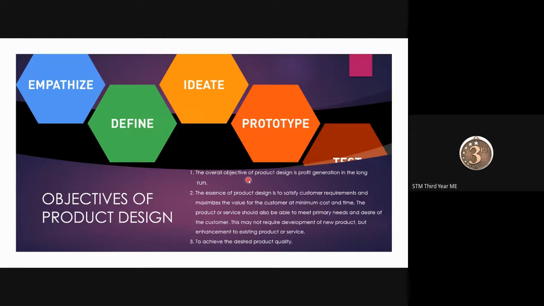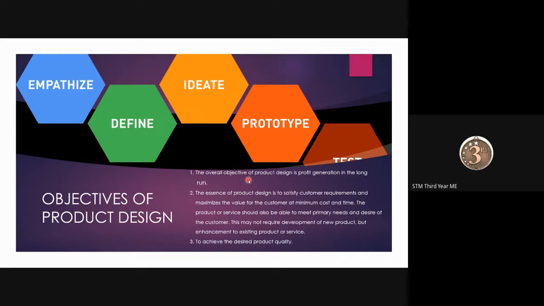We are designing the product in such a way that it must last, or it must have a longer product life cycle. I hope you already know about that. There is a period for that product to be present in the market, or it must have some kind of demand, and that demand period must be in a higher range so that the product can survive for a longer time.